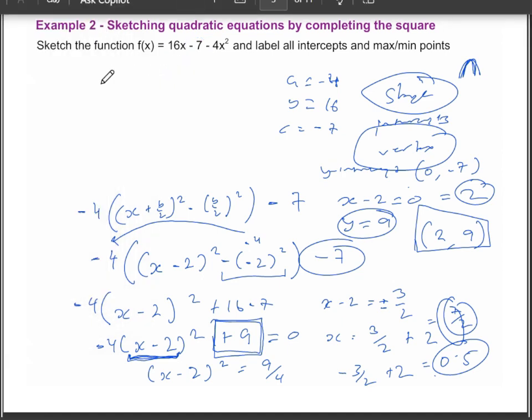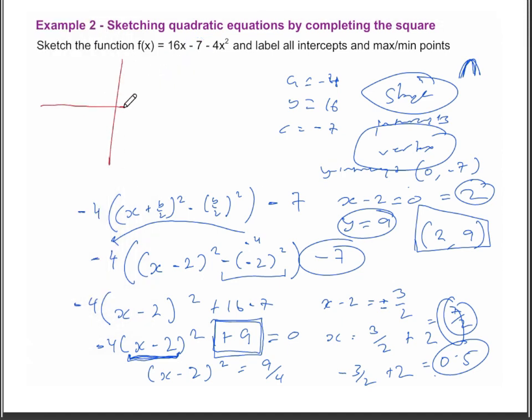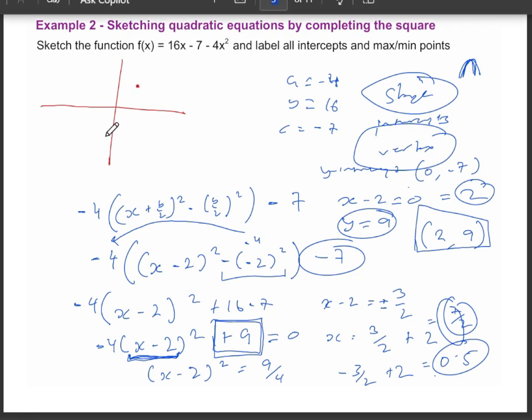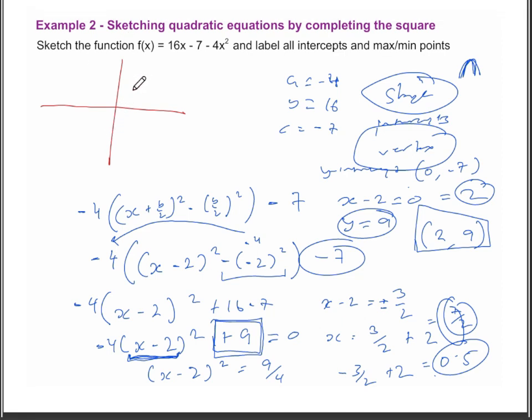The vertex is (2, 9), somewhere here. It touches the y-axis when y is -7, so it's going to be somewhere below, and something like this.